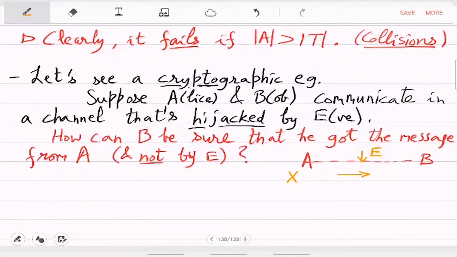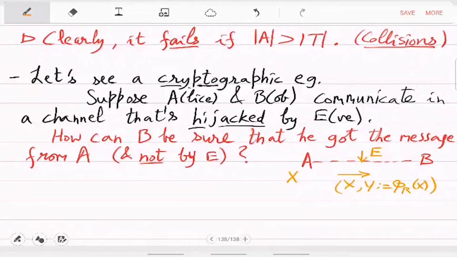So that is X comma Y, which is the hash image of X. Alice will not just send the message, but also some kind of signature using a hash function, and hopefully by analyzing the signature, B will know that it's from A and not from E.